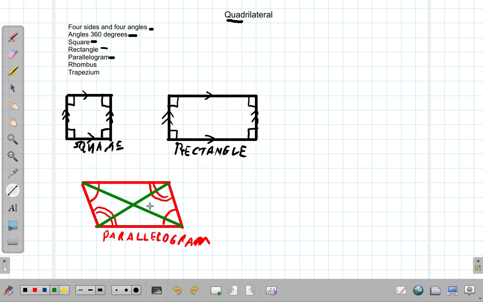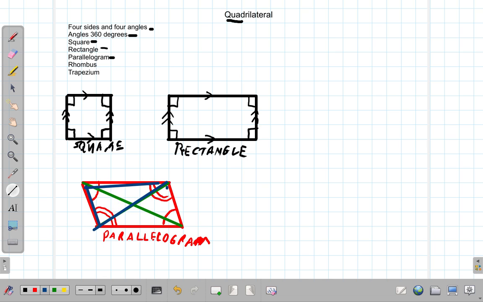The other thing is, the diagonals bisect the parallelogram so that you have two congruent triangles formed. So we have a division into two congruent triangles.